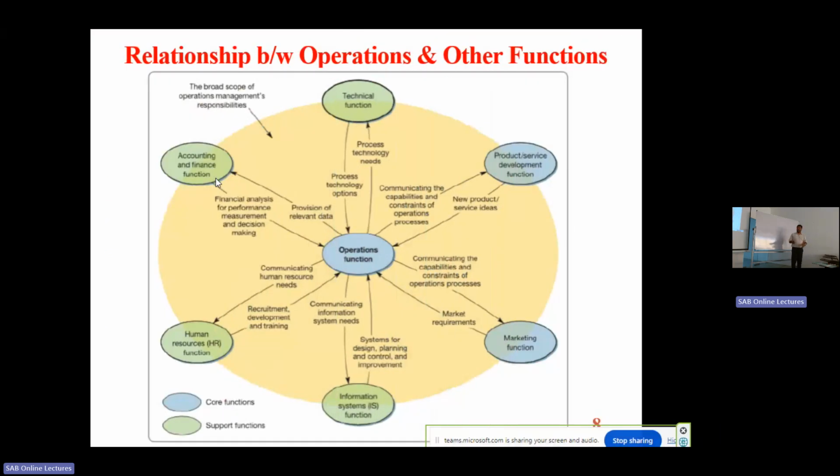Now, the real challenge is not only managing the internal decisions, they are supposed to work with other departments also. That is even more challenging. Like they need to work with marketing, they need to work with product development, and jointly make decisions appropriately to face the competition and take the business forward. And at the same time, they need to work with finance and accounting to get things done.